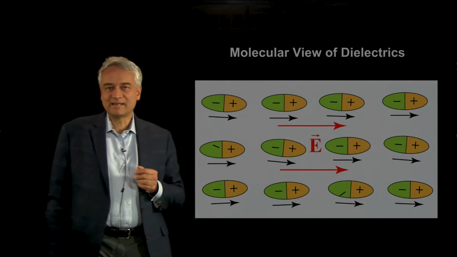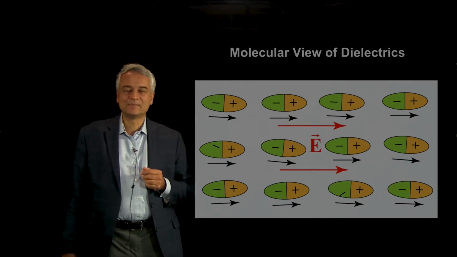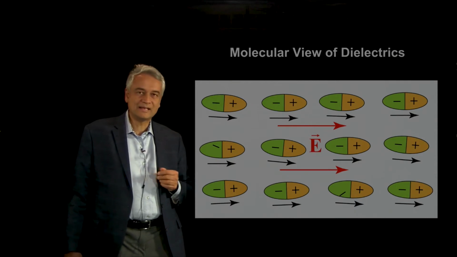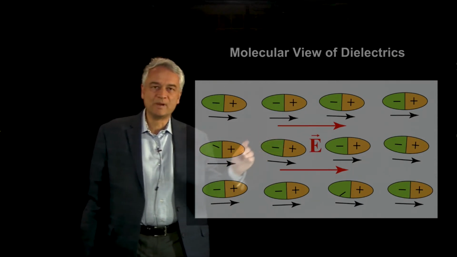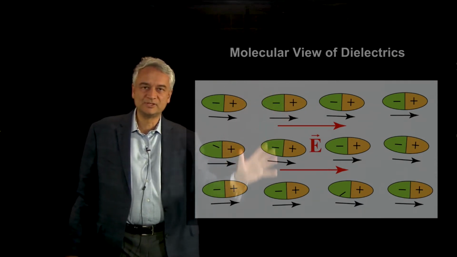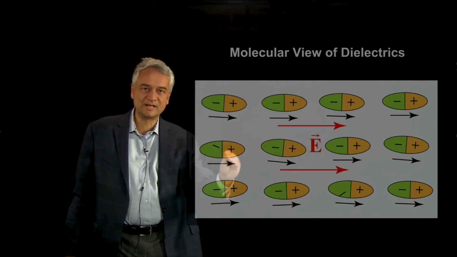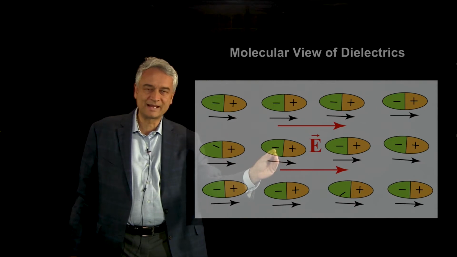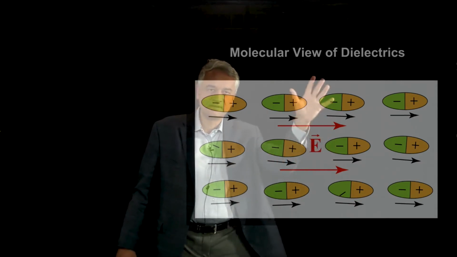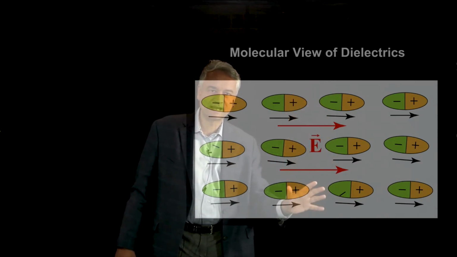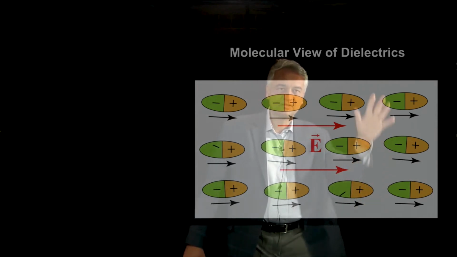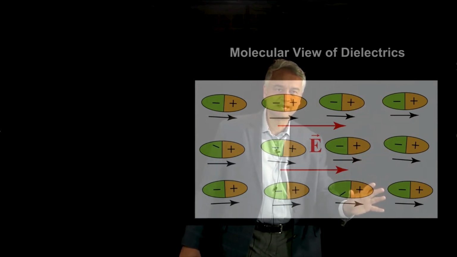Now, there's another way of thinking about this and reaching exactly the same conclusion. And that is to say, let's do a little regrouping in our minds. Let's look at this region of the dielectric here, and see, oh, these charges cancel. I've got some plus here and some minus here. That cancels. Then I go a little farther over. With this region, plus and minus, that cancels. Go a little over here. This region, plus and minus, that cancels.